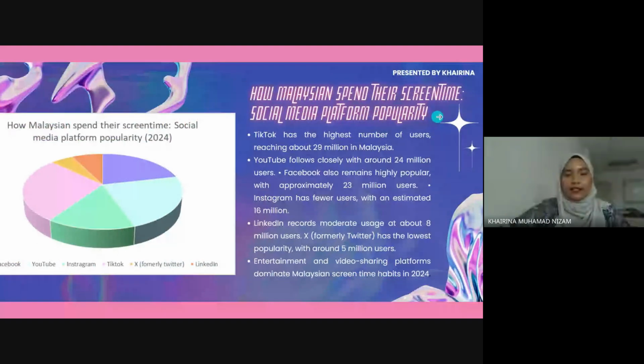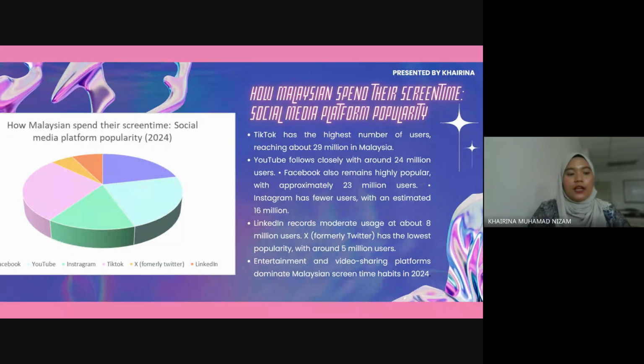So we move to the data. As shown on your screen, this is data about social media platform popularity in Malaysia and how Malaysians spend their screen time. TikTok leads with the highest number of users, reaching about 29 million in Malaysia. YouTube follows closely with around 24 million users, and Facebook also remains highly popular with approximately 23 million users.